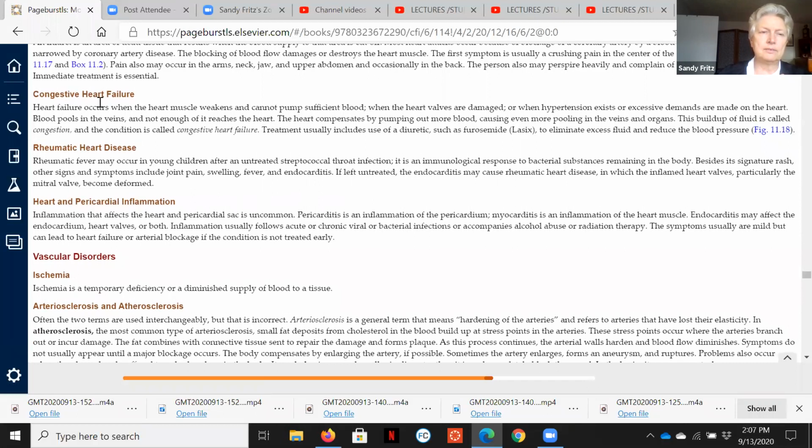So one of the signs that you will see with congestive heart failure, when the heart is not pumping very well, is swelling, both congestion and edema, in the lower limbs of your client. And you can go ahead and do massage, but you want to be aware that the body is compromised in the ability to move this fluid around.